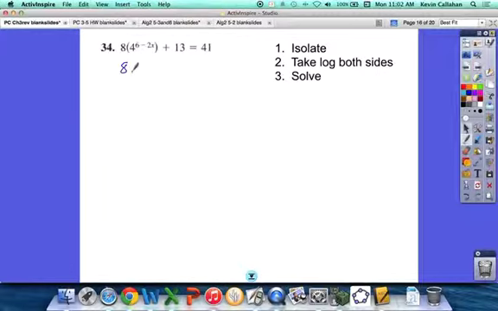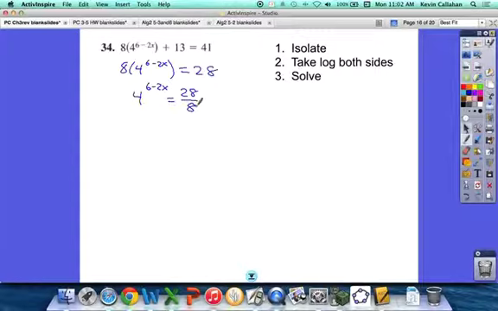Subtract 13. 8 times 4 to the 6 minus 2x equals 28. Divide by 8. 4 to the 6 minus 2x equals 28 over 8. Which you could simplify the fraction, but because I'm going to just put it all in the calculator at the end anyways, I'm just going to leave it. It's not worth writing another line.